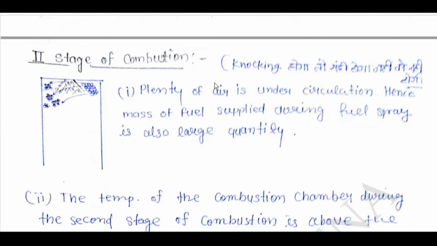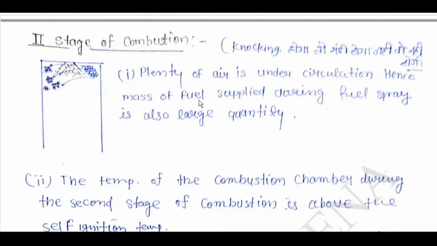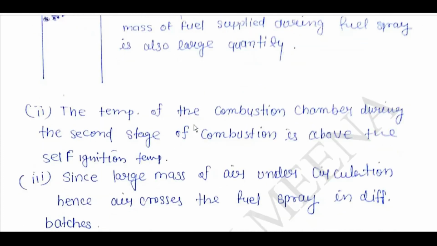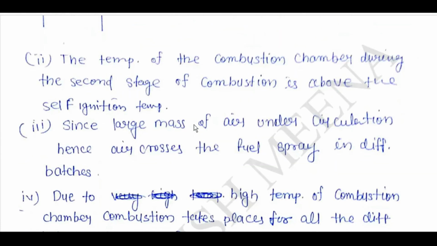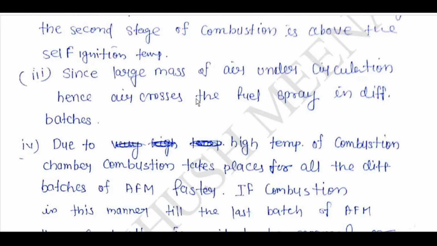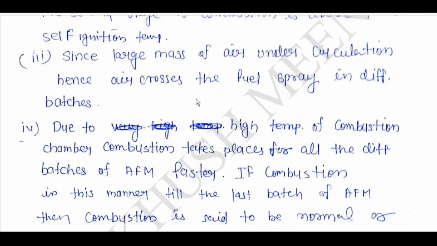Second stage of combustion: plenty of air is under circulation, hence the mass of fuel supplied during fuel spray is also in large quantity. The temperature of the combustion chamber during the second stage is above the self-ignition temperature.